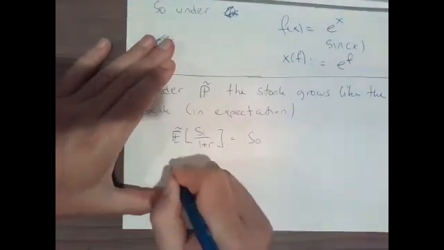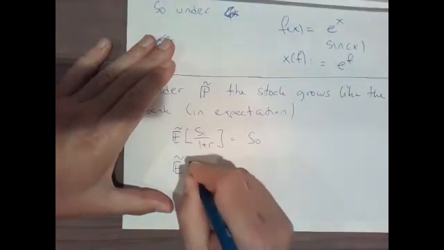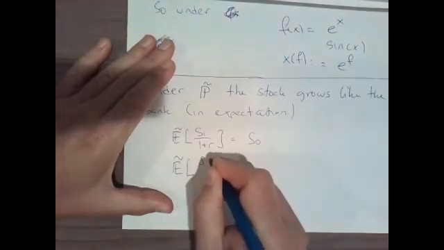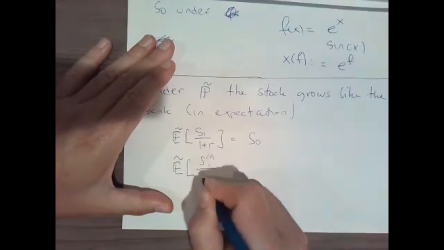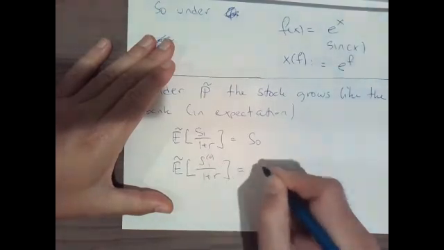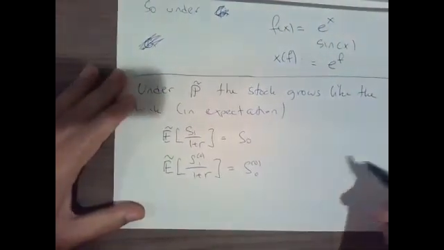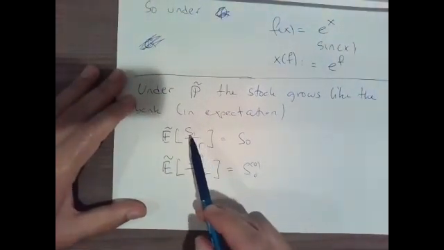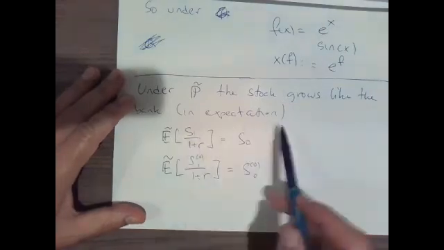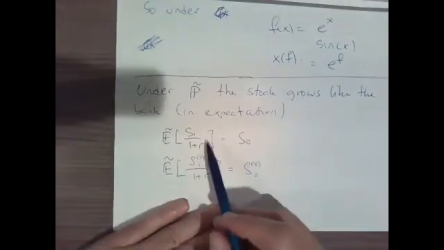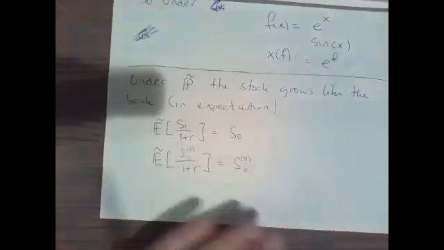And likewise, this is silly because there's no randomness in the bank, but if I looked at S01 divided by 1 plus R, this would become exactly S00. So the growth rate, the expected return, call it what you want, it's the same under the risk neutral measure.